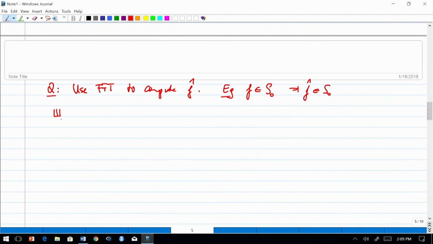So maybe I'm doing K. I should write: SHA with K is for me the stretched version, or if you write the sum of deltas, at alpha times K. K should be the running index here. So we have a Dirac comb with lattice constant alpha.